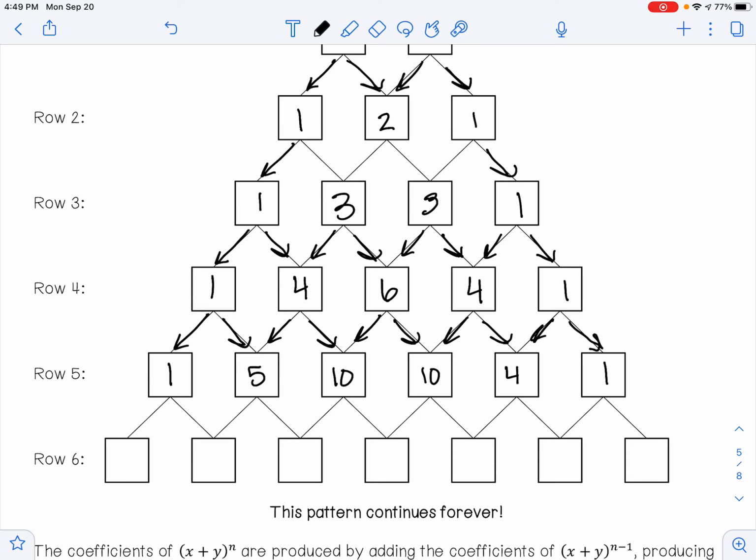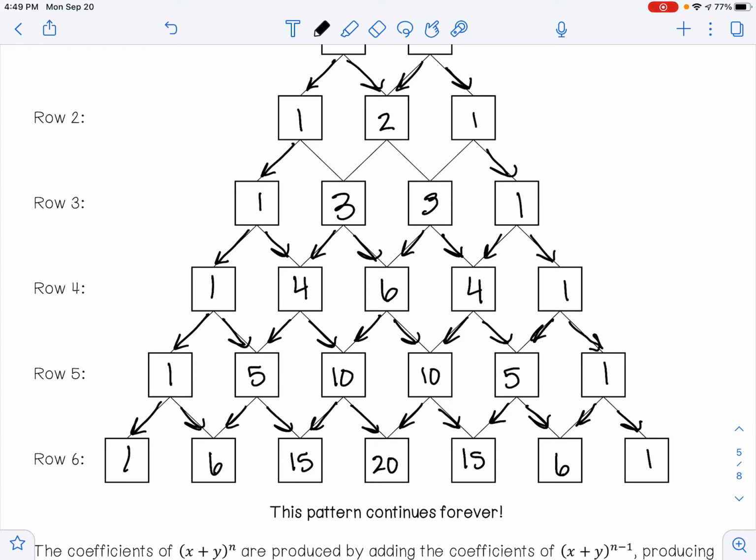And then for our 6th row, there's only 1 way to get to this box. 1 plus 5 is 6. 5 plus 10 is 15. 10 plus 10 is 20. Whoops, I made a mistake here. 10 plus 5 is 15. 5 plus 1 is 6. And there's only 1 way to get to this box.